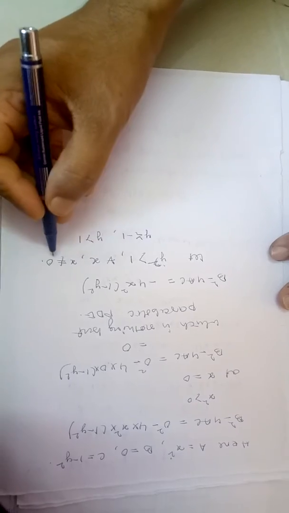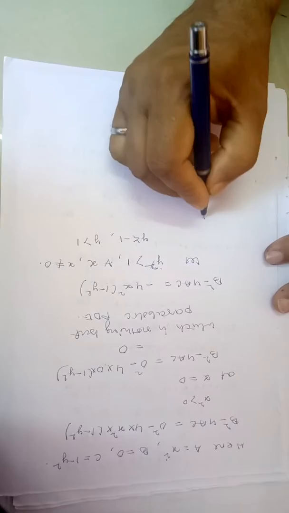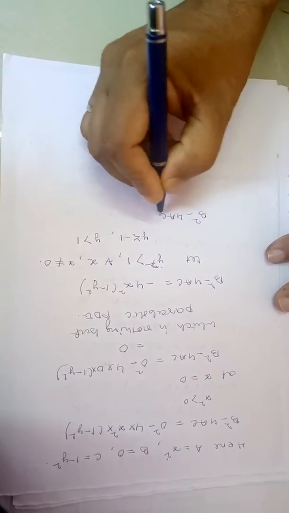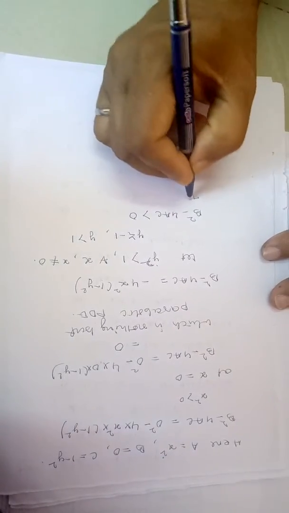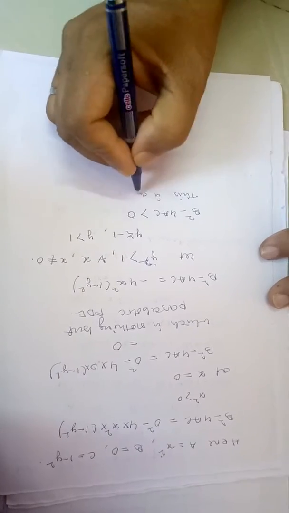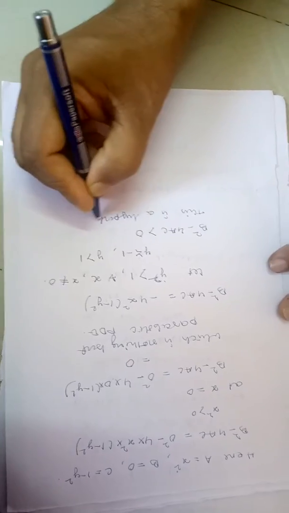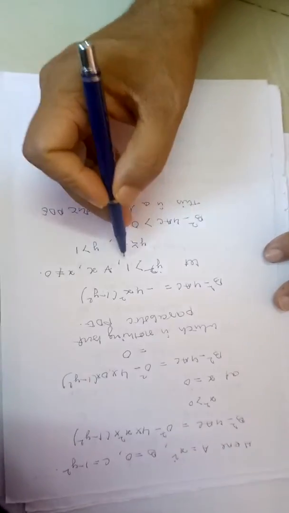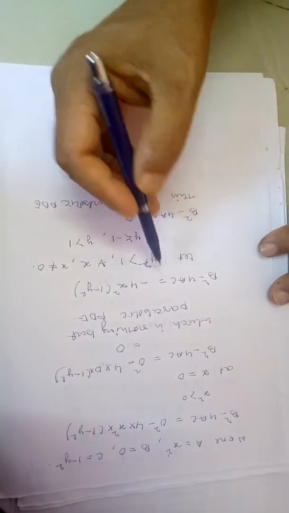So for non-zero x and y square greater than 1, b square minus 4ac will be greater than 0, and so this is a hyperbolic PDE. For y less than minus 1 and y greater than 1, the given PDE behaves like a hyperbolic PDE.